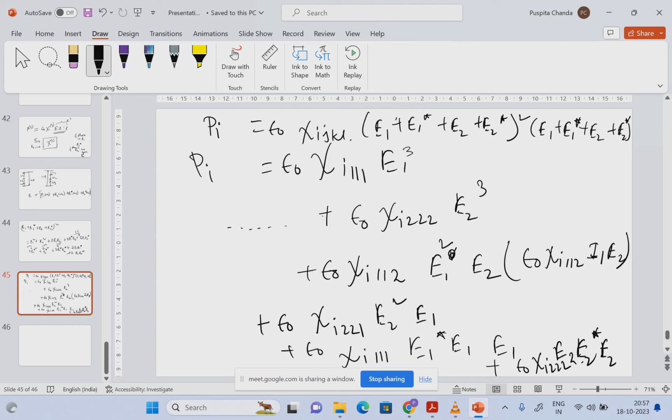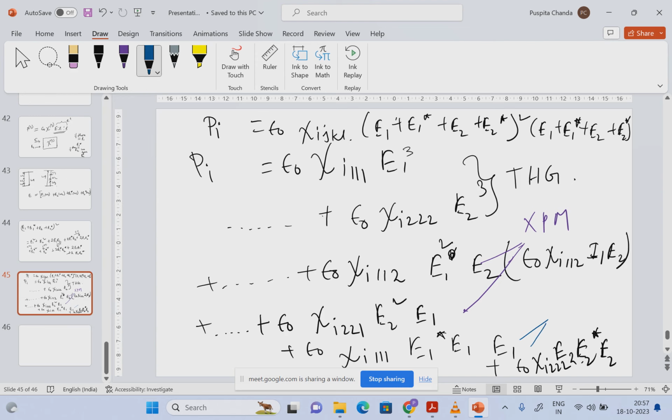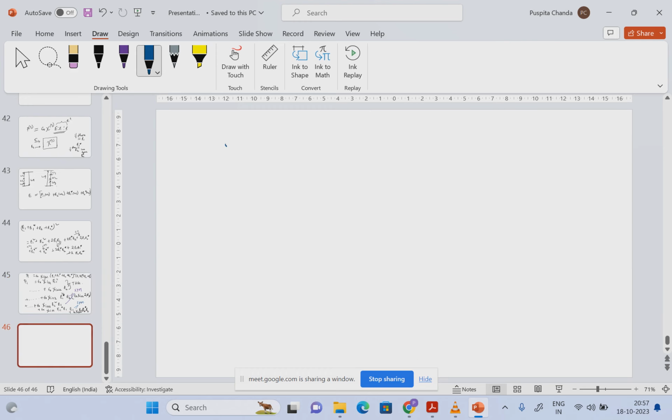And there will be other terms. I have written only these terms because they introduce third harmonic generation. These two terms are called cross phase modulation, and these two terms are called self phase modulation.